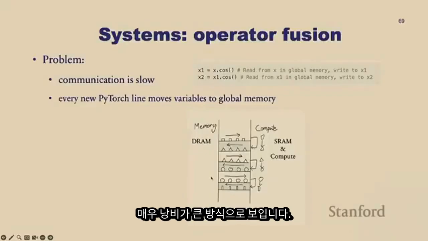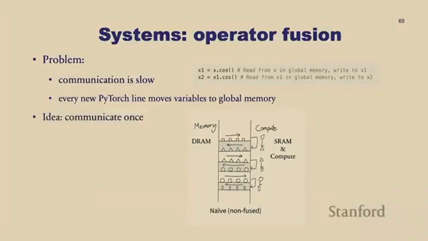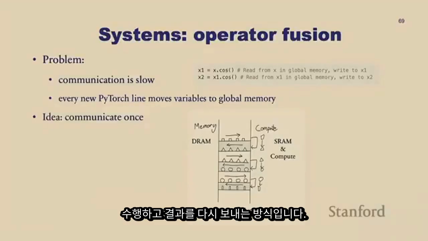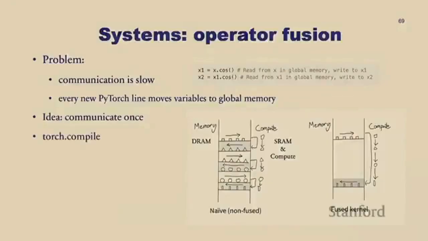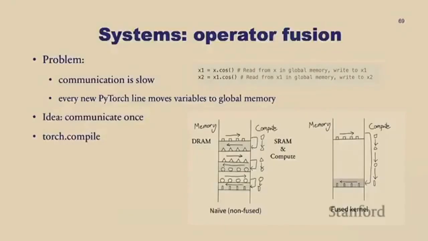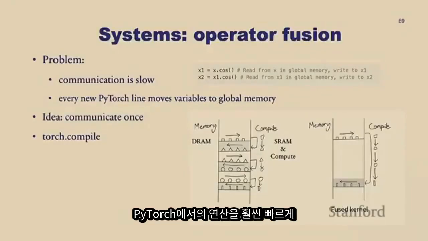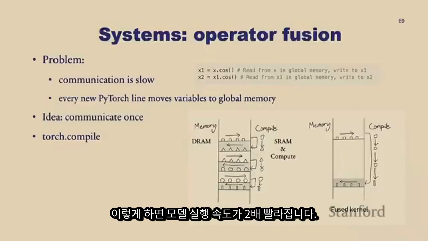This seems very wasteful. So the simple idea of operator fusion is just to communicate, do all the computation, and ship it back once. And this is exactly what fused kernels are. If you ever want to make your computations in PyTorch much faster, just apply torch.compile on your model. This is going to make your model around 2 times faster.